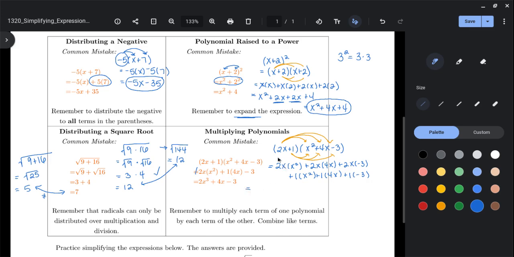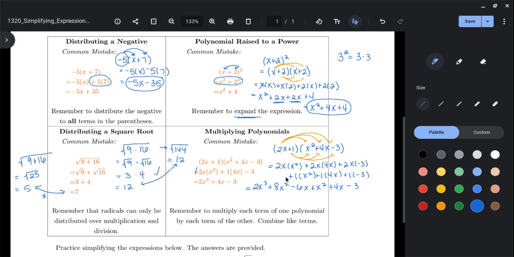So doing that multiplication, 2x times x squared, that gets us a 2x cubed. Remember, we add the exponents with our exponent rules. 2x times 4x, that multiplies to be 8x squared. 2x times negative 3, we get a negative 6x. And then positive 1 times x squared, we get a positive x squared. Positive 1 times 4x, we get a positive 4x. And positive 1 times negative 3 is a negative 3.